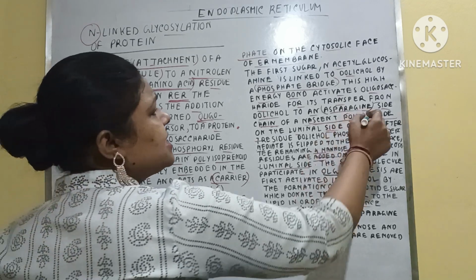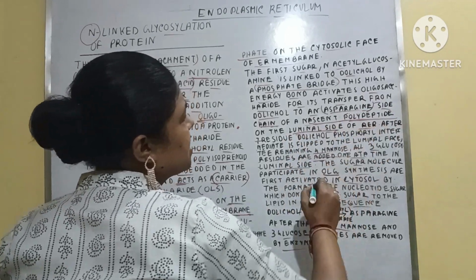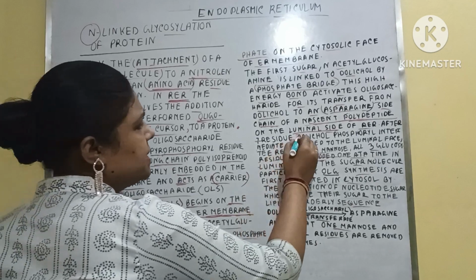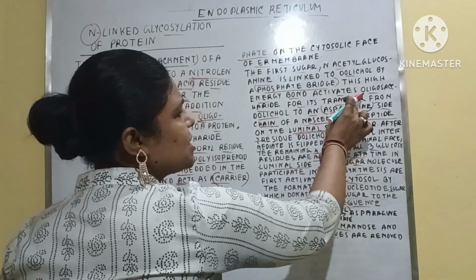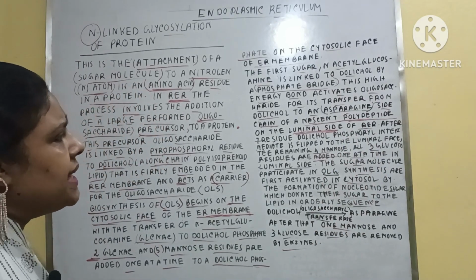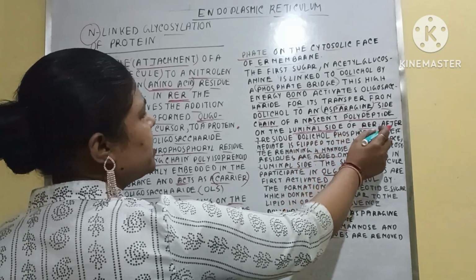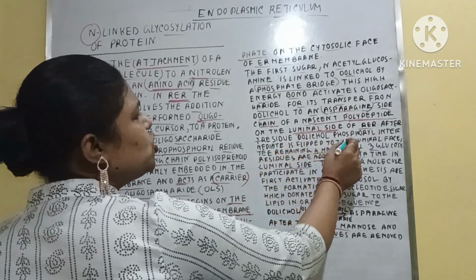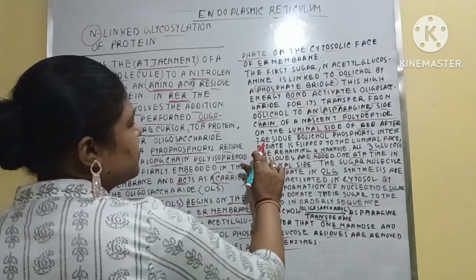And where is this present? This is present on the luminal side of the area, not the cytosolic side. Clear?